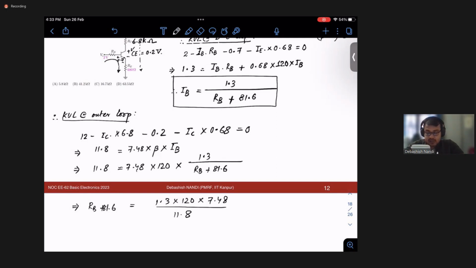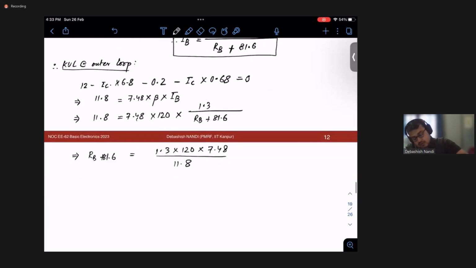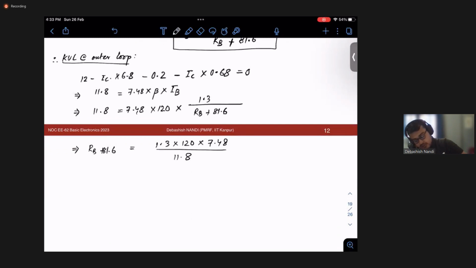Okay, let us calculate. So RB is coming out to be 98.88 minus 81.6.